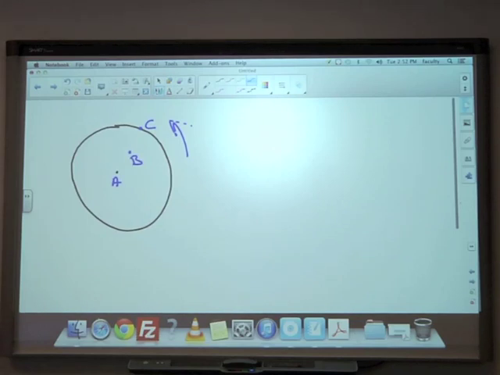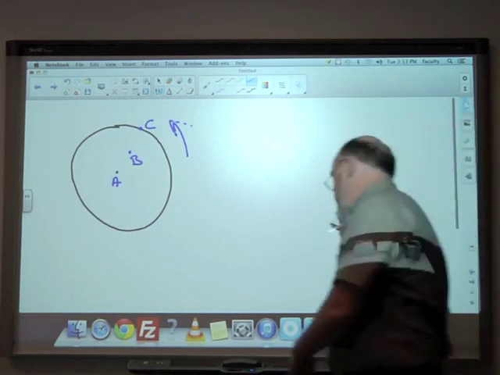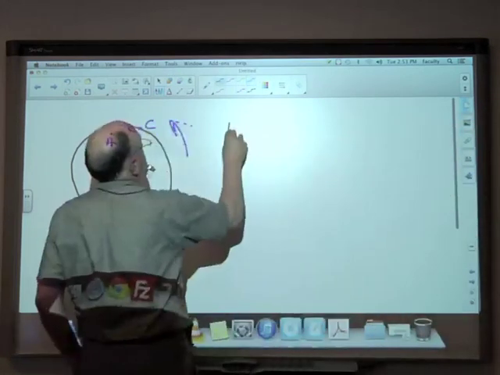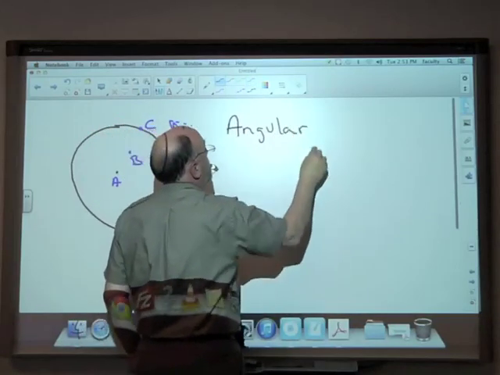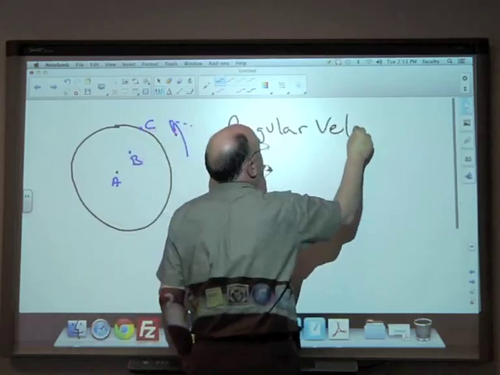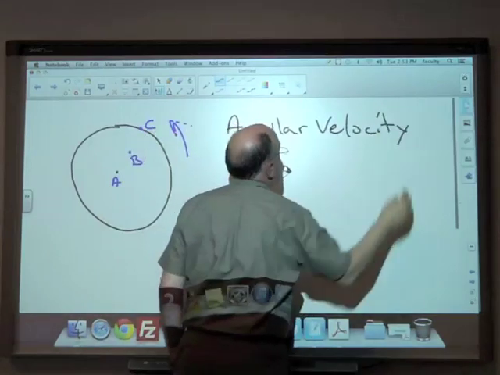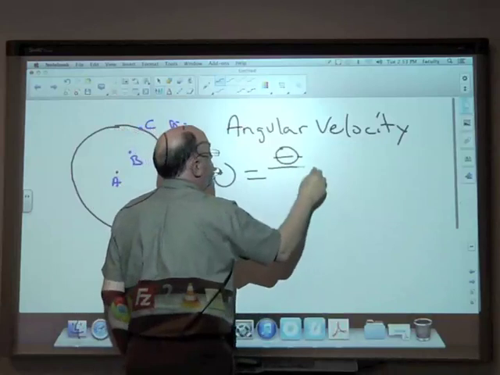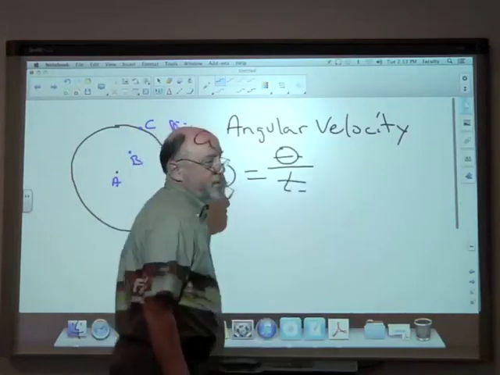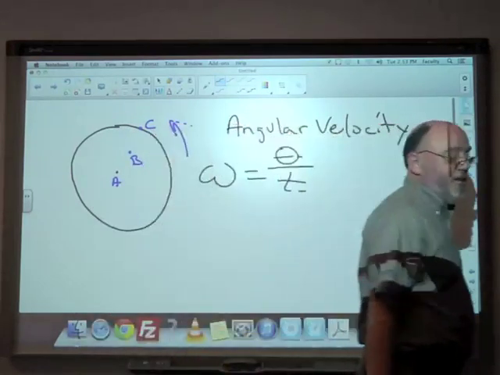Everybody is turning at the same angular velocity, right? So you've got angular velocity, and you've got linear velocity. So angular velocity is given by the angle divided by the time.